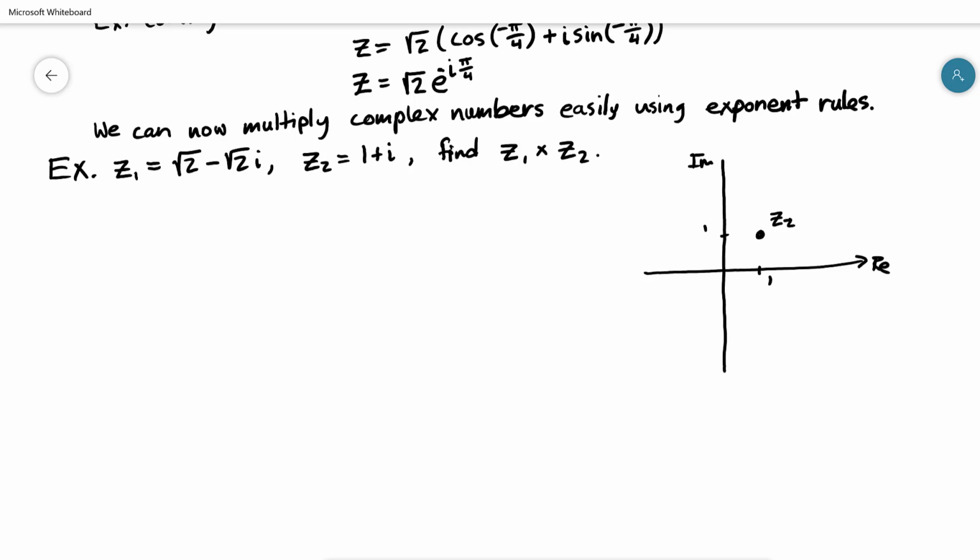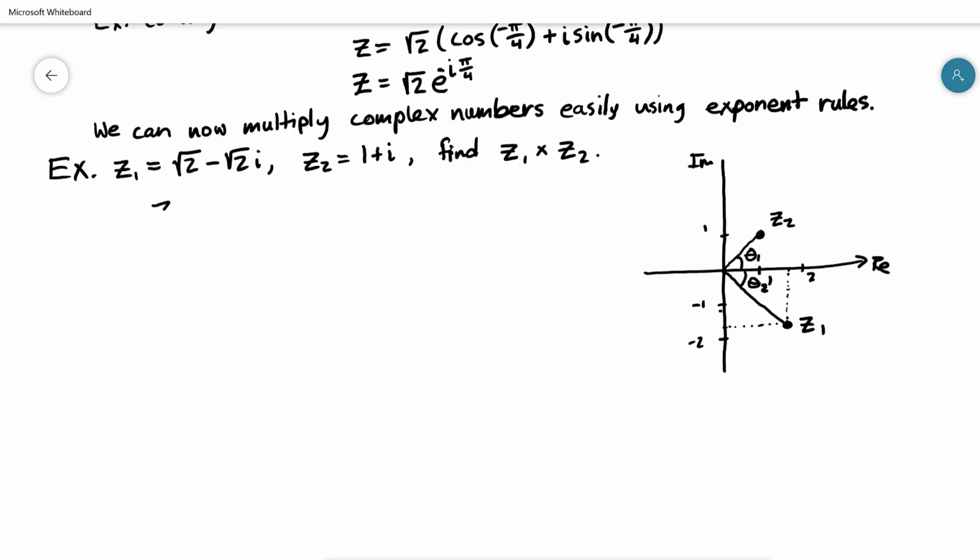Root 2 is about 1.7, so maybe here-ish, and then we go down that same distance, negative 1.7-ish. Here's z1. These are the directions that we have to go. I'm looking for these two angles, our theta 1, so to speak, and our theta 2. There we go, those are the two angles.